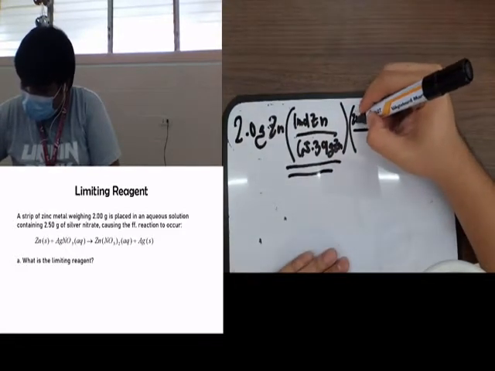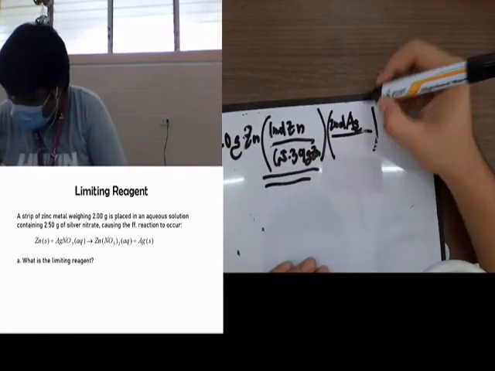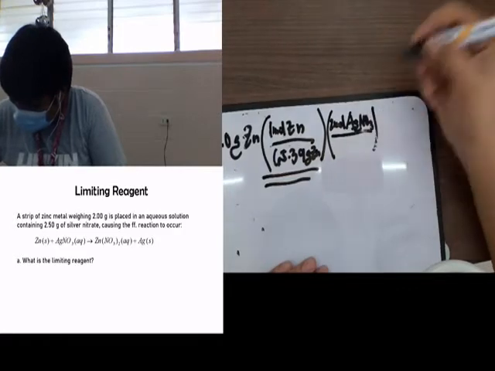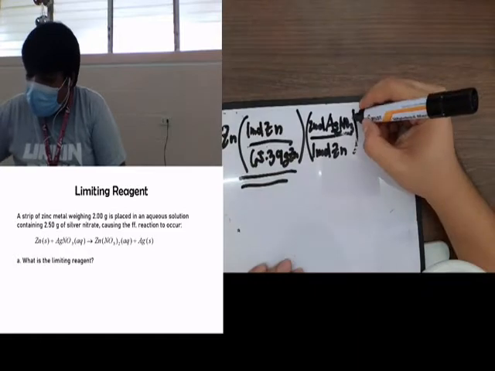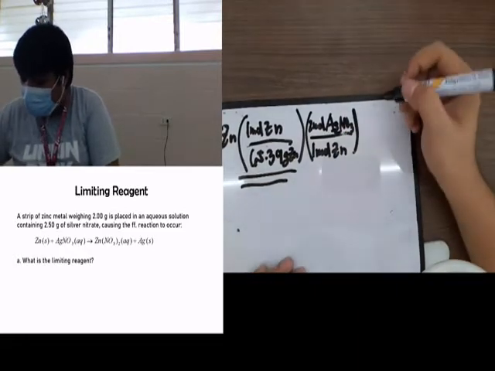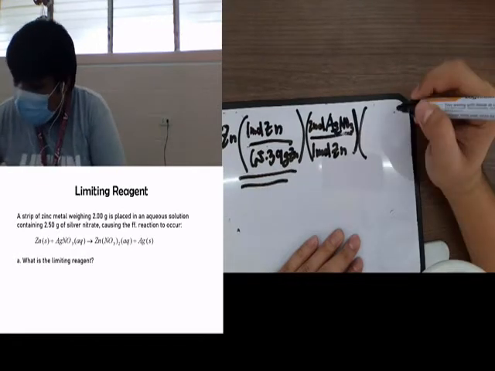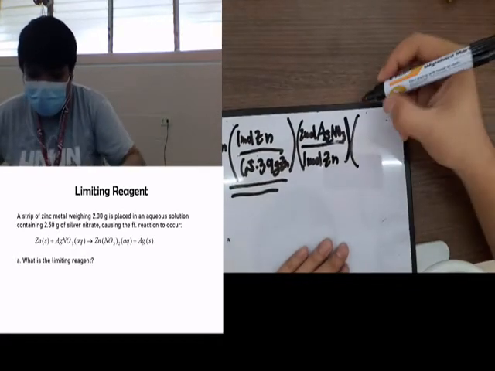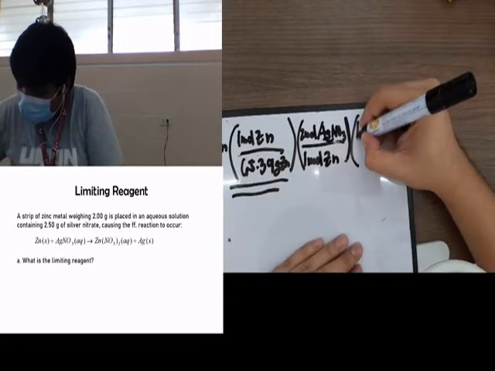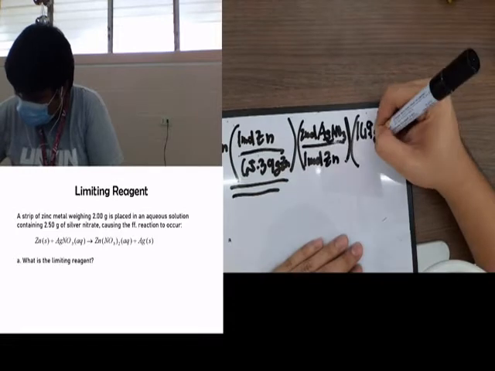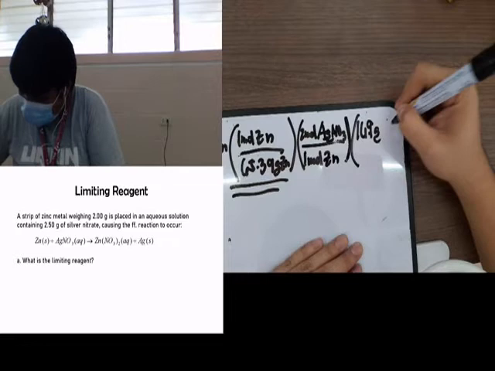So 2 moles of silver nitrate equals 1 mole of zinc. Forgive my penmanship, guys, I'm trying to make it fit on this whiteboard. Then we already have the moles of silver nitrate. We convert it to grams of silver nitrate using its molar mass, which is 169.87 grams of silver nitrate to 1 mole of silver nitrate.